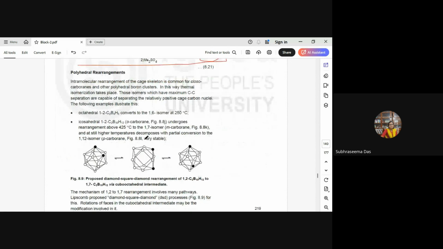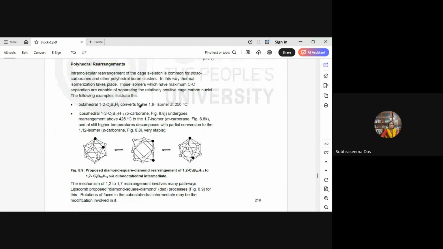Then coming to polyhedral rearrangements. Intramolecular rearrangement of the cage skeleton is common for closo carboranes and other polyhedral boron clusters. In this way, thermal isomerization takes place. Those isomers which have maximum C-C separation are capable of separating the relatively positive cage carbon nuclei.